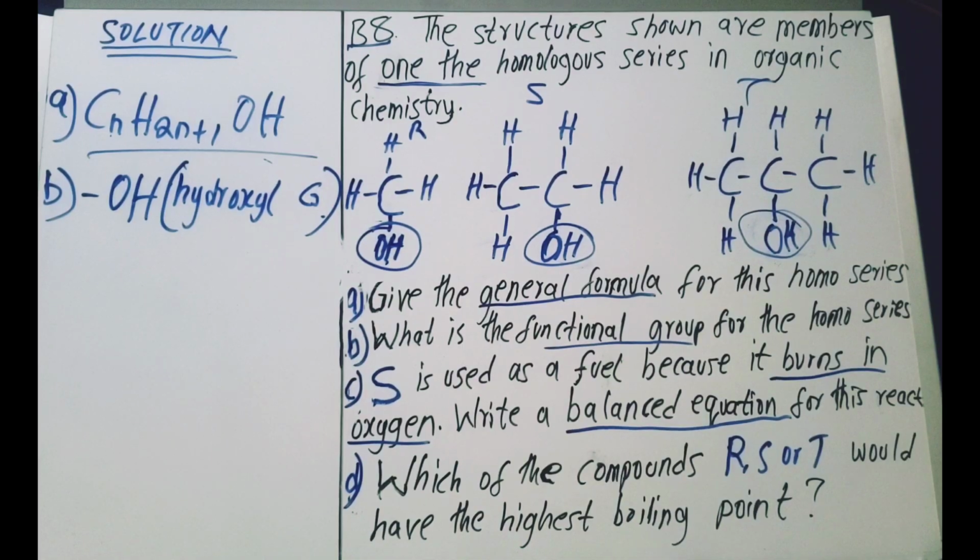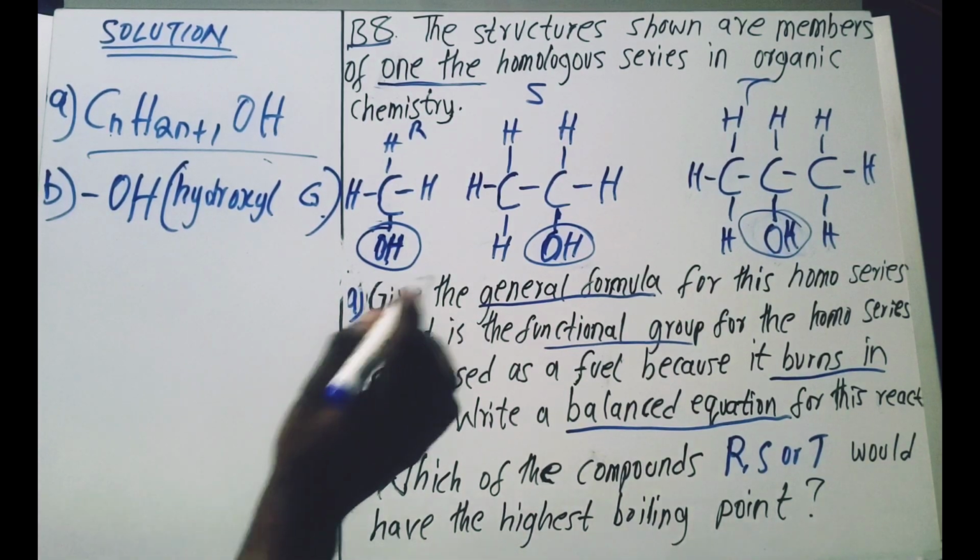When they undergo combustion, they have specific products every time. So they always produce carbon dioxide and water. So that point is also very important, because without that you will not know the products of the reaction.